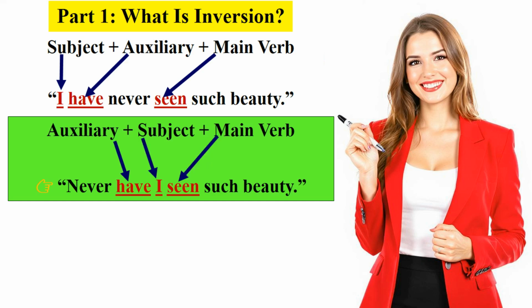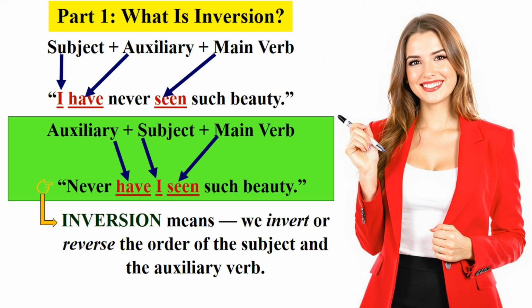So instead of saying, I have never seen such beauty, we say, never have I seen such beauty. See, we switched the subject I and the auxiliary verb have. That's what inversion means. We invert or reverse the order of the subject and the auxiliary verb.